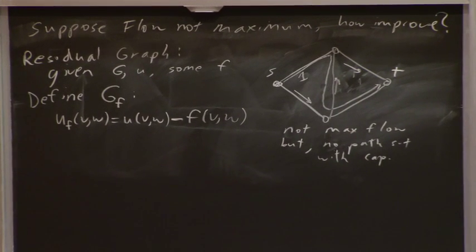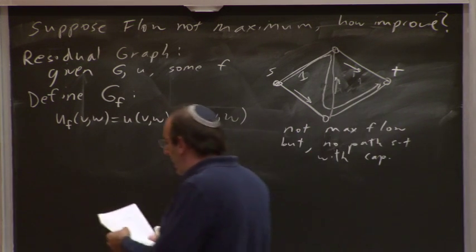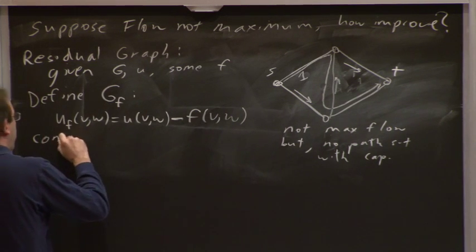I've used up some of the capacity, and so I have less capacity that I can still use. Where it gets interesting is when you think about the reverse direction.